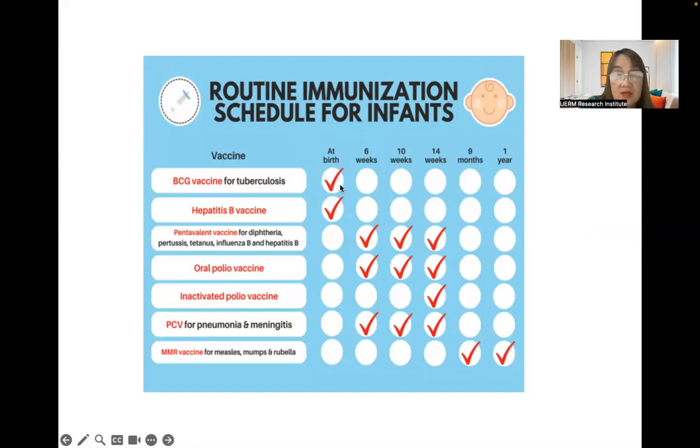So 1 BCG vaccine, 3 doses of Hep B, 3 doses of DPT, and then 3 doses of influenza B, oral polio vaccine, 3 doses, 1 dose of inactivated polio vaccine, PCV, and measles and MMR.